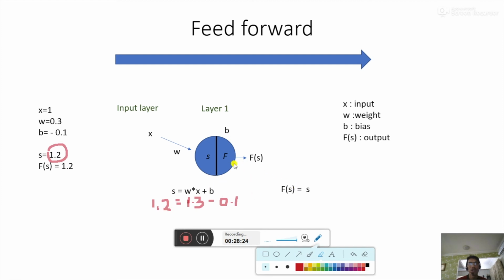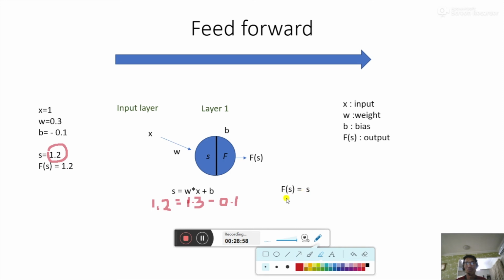Now S is 0.2, and S is put into the function f. Let's say the f function is fs, so whatever you put in, the output is the same as s. So 0.2 put into fs, the function output is 0.2, because I set this function like this. If I set the function to something else, the output will be different.